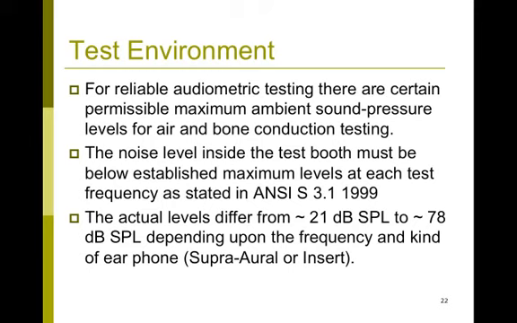The actual levels depend upon the frequency and the type of earphones that we're using, and they can range anywhere from 21 dB SPL to 78 dB SPL. So those sound measurements might fall within the purview of an audiologist. You might have to periodically measure noise levels within the audiometric suite to make sure they conform to the standards.